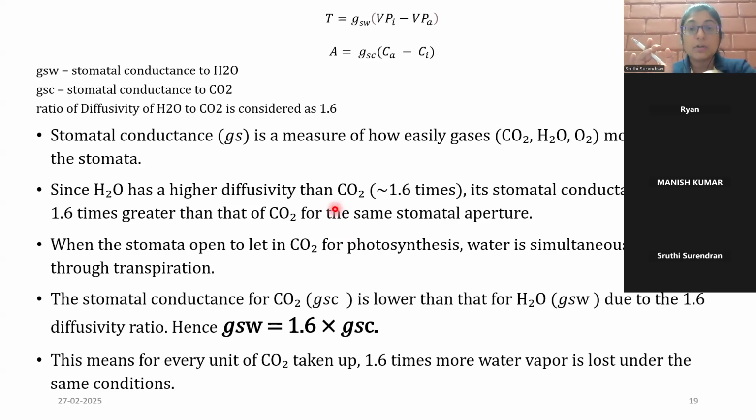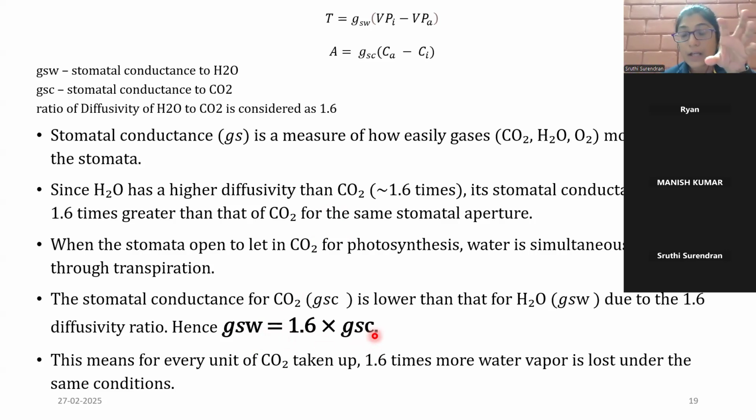We say that the stomatal conductance towards water is 1.6 times the stomatal conductance to carbon dioxide. This means that if you're taking 10 units of carbon dioxide entering, 16 units of water is exiting.